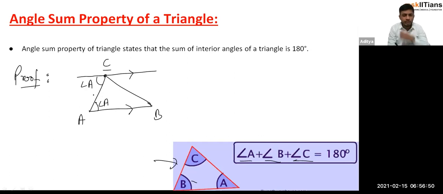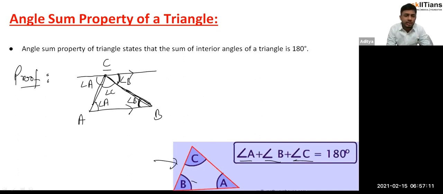What is the reason? They are alternate interior angles. This is obviously angle C, and if this is angle B, then this is also angle B, because this is acting as the transversal and these two angles are alternate interior angles. That's why they will be equal.